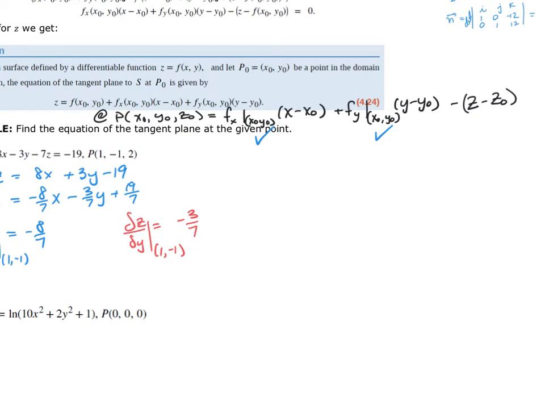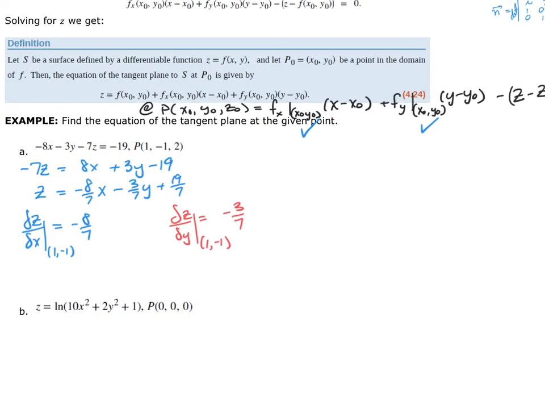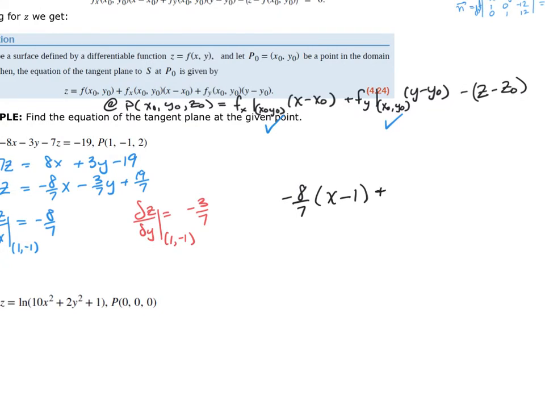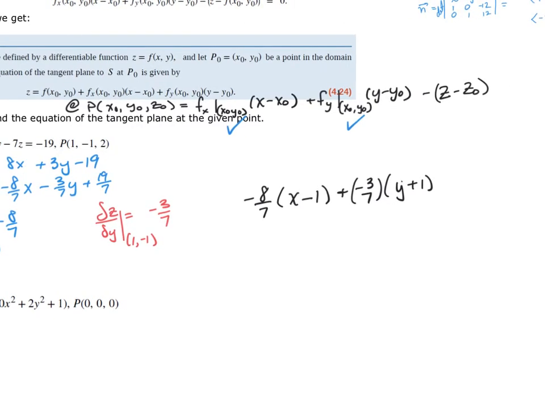So my first piece, the partial derivative with respect to x, is negative 8/7, and then x minus x naught, which happens to be 1, plus my partial derivative with respect to y, which is negative 3/7, and y plus 1, and then minus z, and then it's minus 2. This is equal to 0. Sorry, that should be equal to 0.